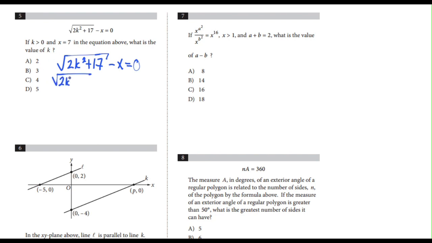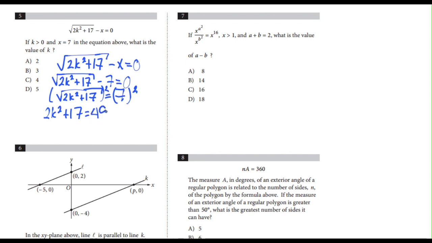So we'll have the square root of 2k squared plus 17 minus 7 equals 0. We can add 7 on both sides. Square root of 2k squared plus 17 equals positive 7. We can square both sides to get rid of the square root on the left. We'll have 2k squared plus 17 equals 7 squared, which is 49.